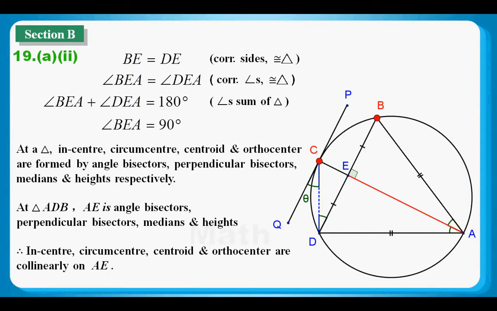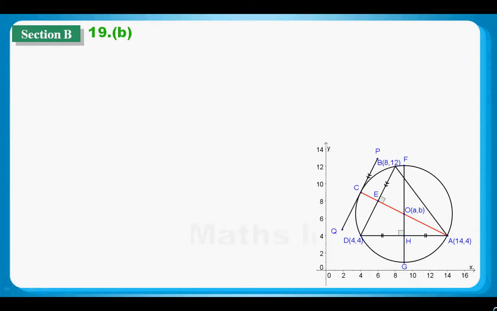Therefore, the incenter, circumcenter, centroid, and orthocenter are collinear on AE. This is the end of part A. Now, we go to part B.